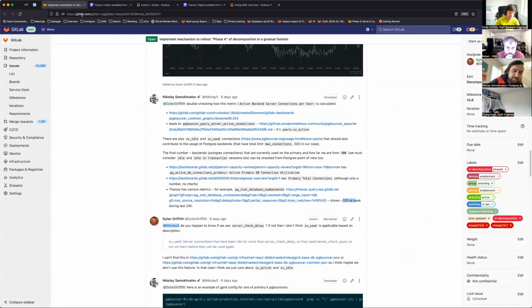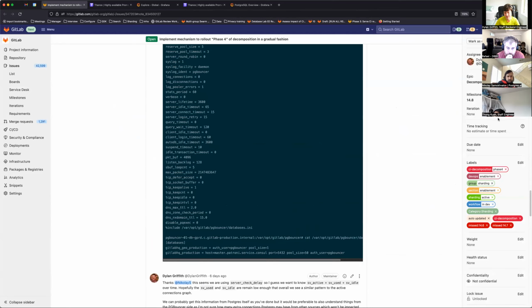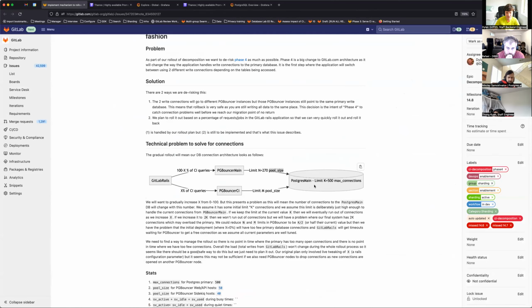Yeah. Okay. Cool. So based on all of that, and the fact that the limit Postgres can handle is 500, we don't actually want to get anywhere near the 500 limit. In particular, we don't even want to get near 400 active connections.